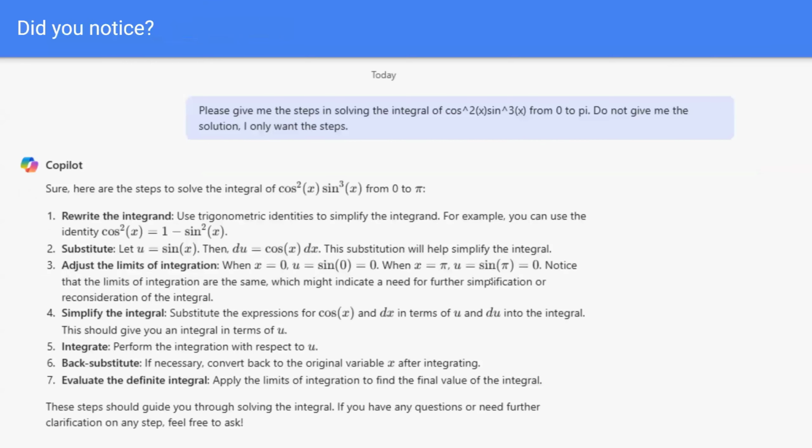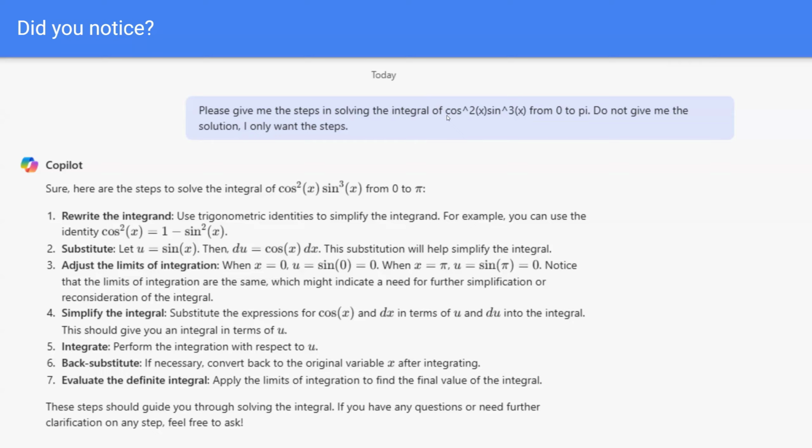One last thing I wanted to point out. I don't know if you noticed this, but in the initial slide for this, I had the integrand terms written in reverse order. I had it as sine cubed of x times cosine squared of x. And this is because when I typed the integrand like this in my first prompt, I got this identity.